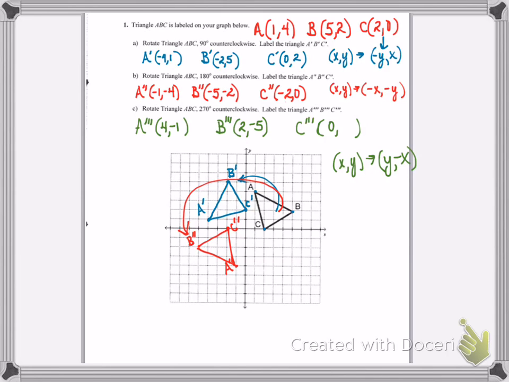Because remember, we're looking at the original ordered pairs of A, B, and C. So that would look like this: 4, -1, 2, -5, and 0, -2.